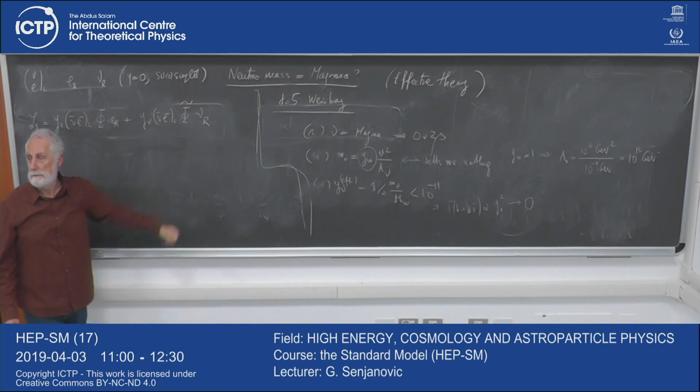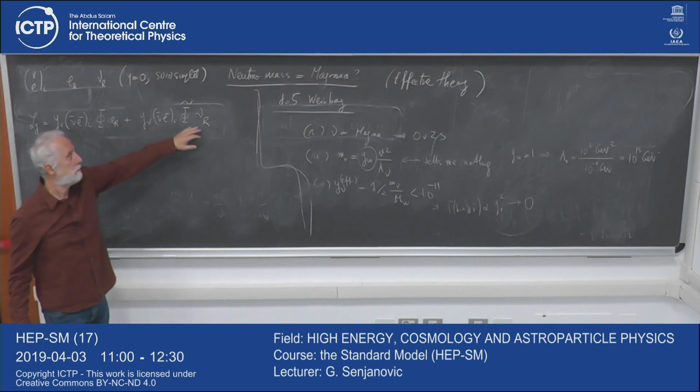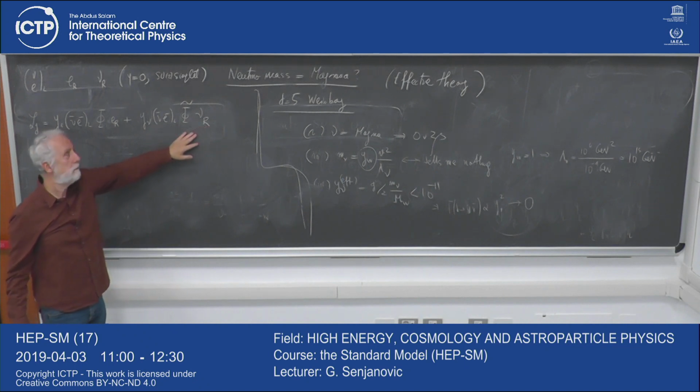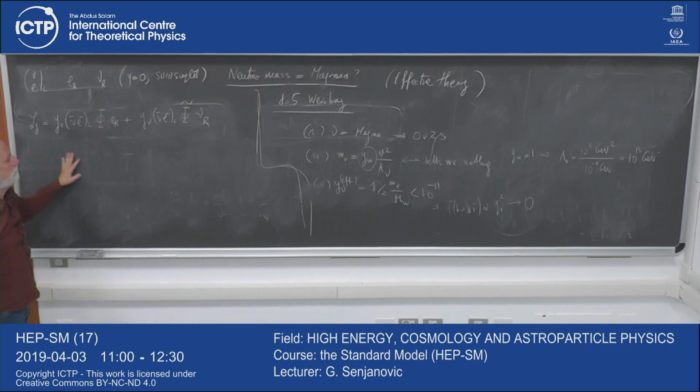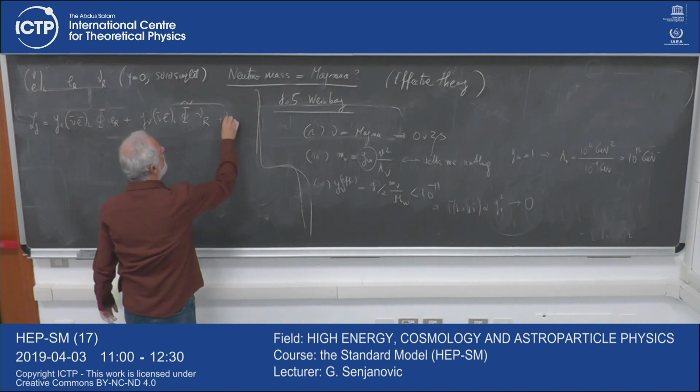This is invariant. It's always so; for the quarks we had the same. When Higgs is coupled to down, Higgs tilde is coupled to up. This is up. There is a Hermitian conjugate.